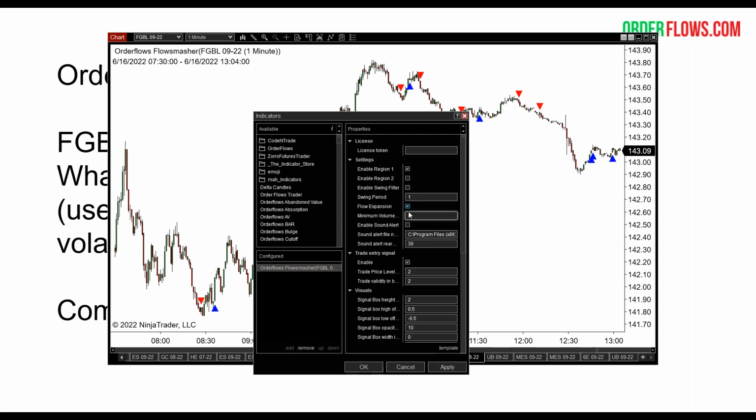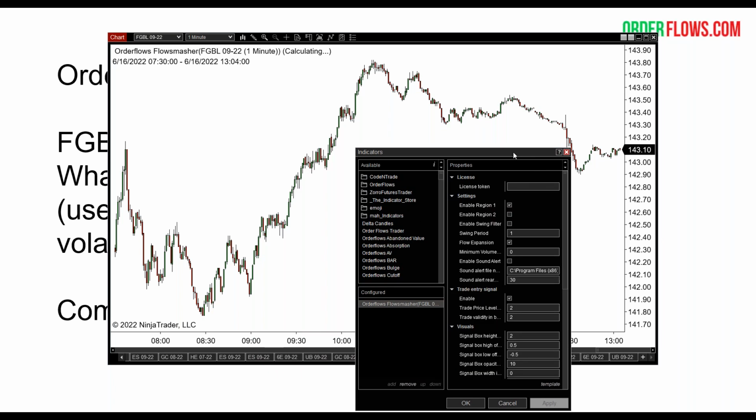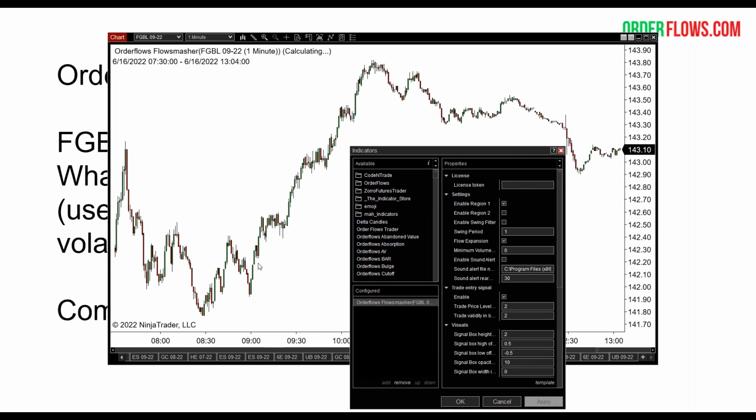It's generally a pretty stable market. But if I were to add flow expansion, you're going to see more signals, right? You can see here there's decidedly more. It's because it's expanding the area of analysis. All right, that's what flow expansion does.